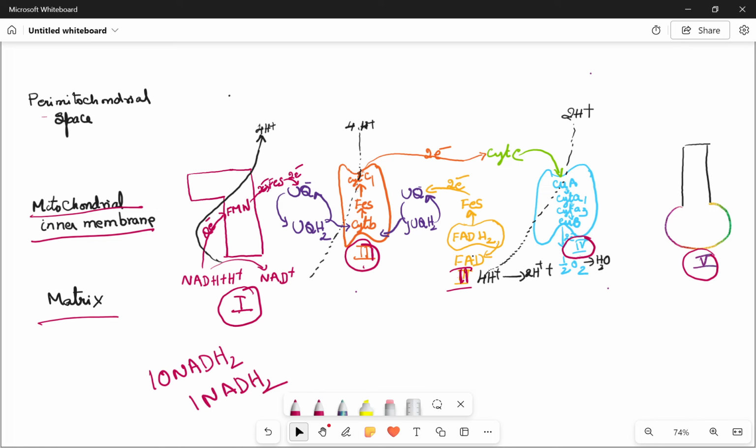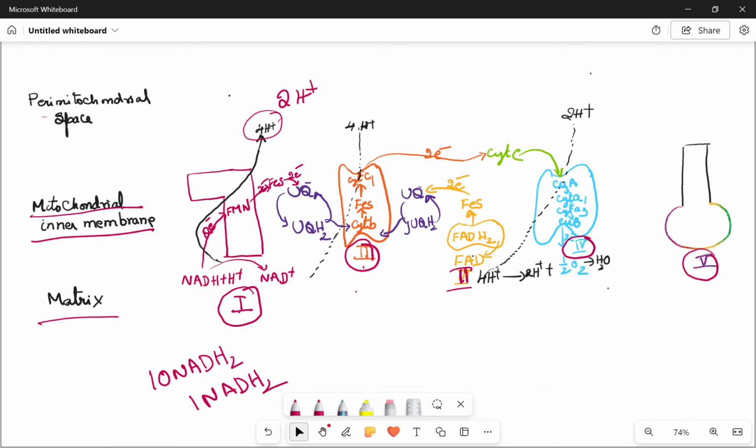Okay. So this NADH2 undergoes oxidation and releases 2 electrons. At the same time, 4 protons go out from the matrix into the perimitochondrial space. But we have to count 2 protons.